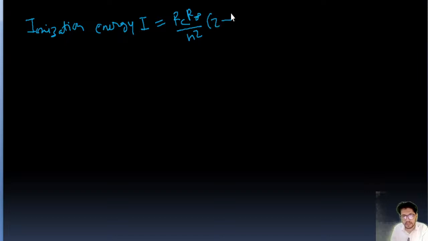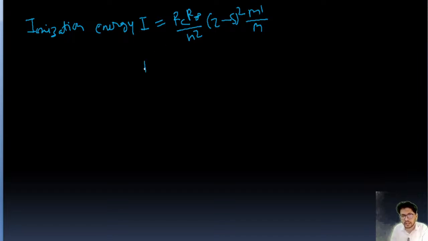Ionization energy I is R_C, R infinity, upon n square, into (Z minus S) whole square, into M dash upon Me.